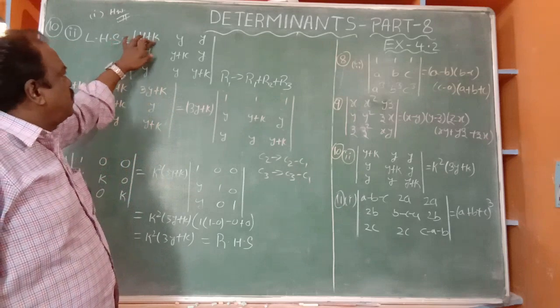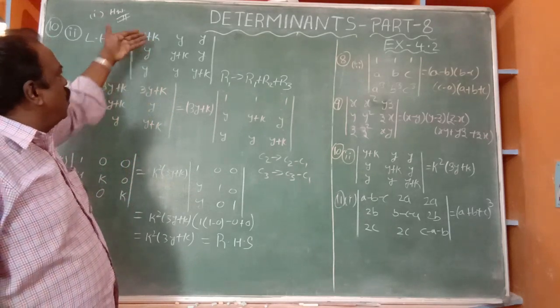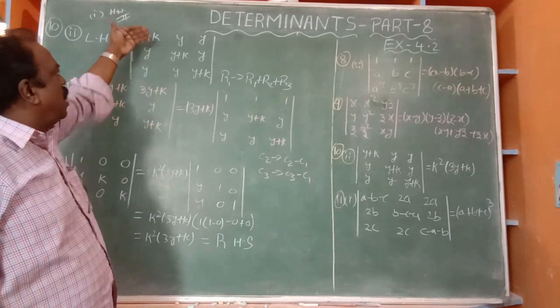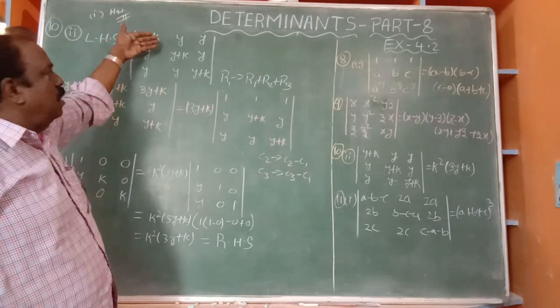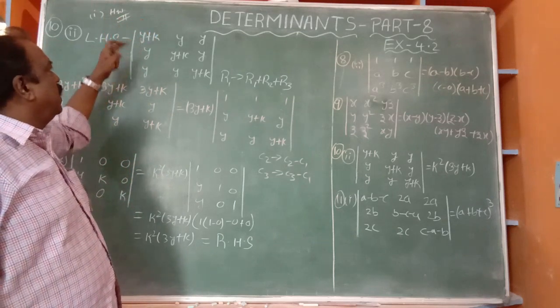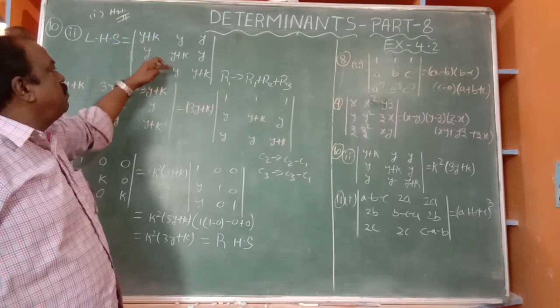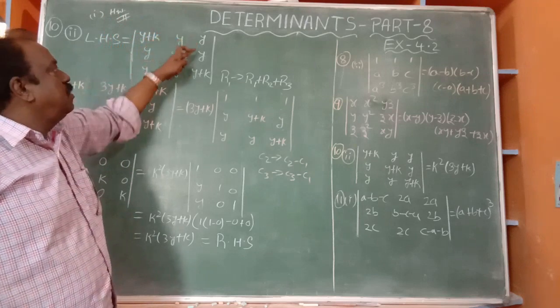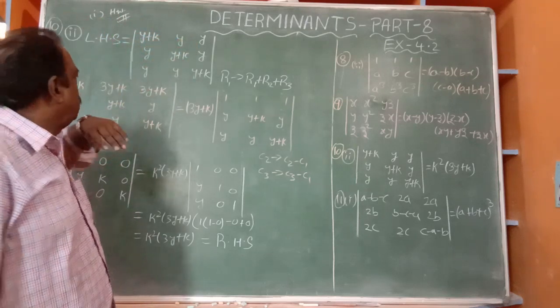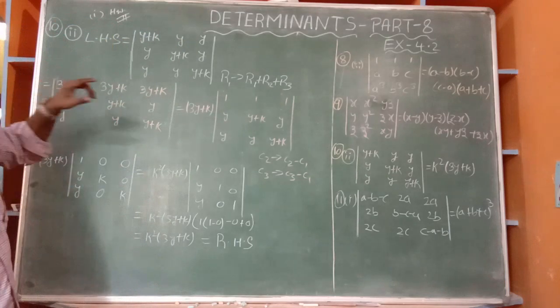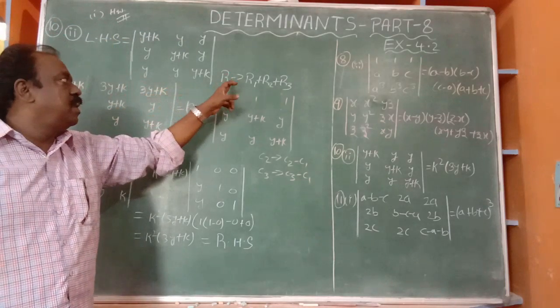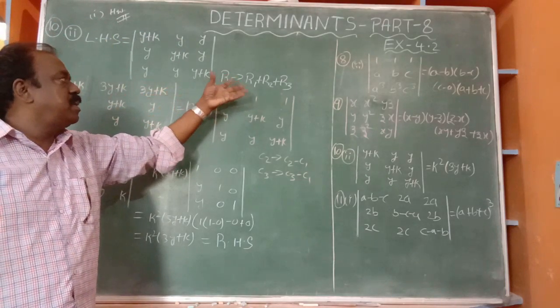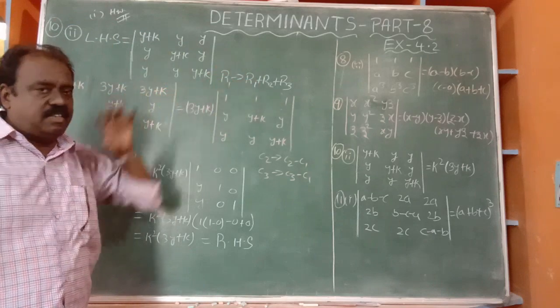You see, if you add R1, R2, R3, we get 3y. Here also 3y plus k, here also 3y plus k. So by applying this property, R1 becomes R1 plus R2 plus R3.